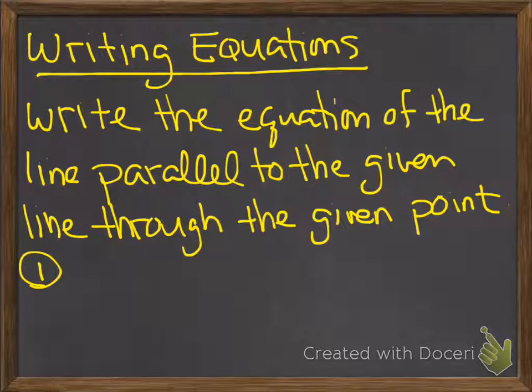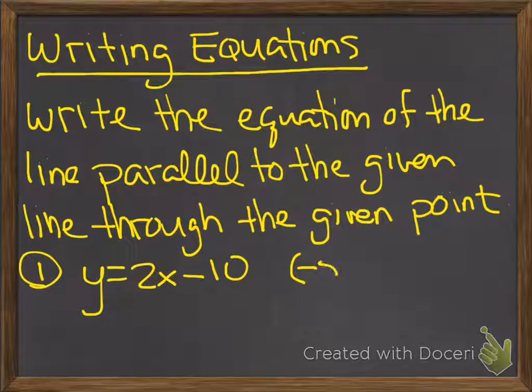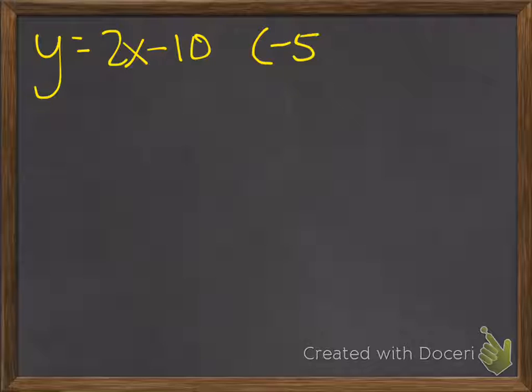So you get something like this. I'll put it on your sheet. y equals 2x minus 10, point (-5, 4).